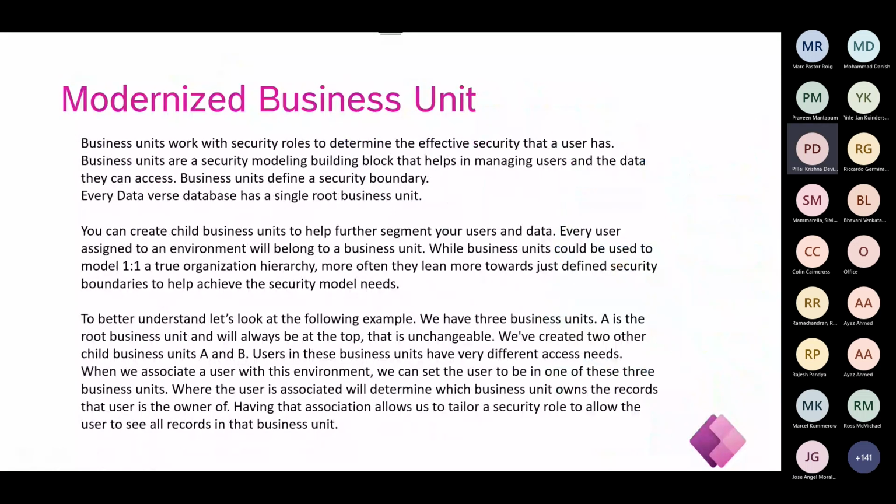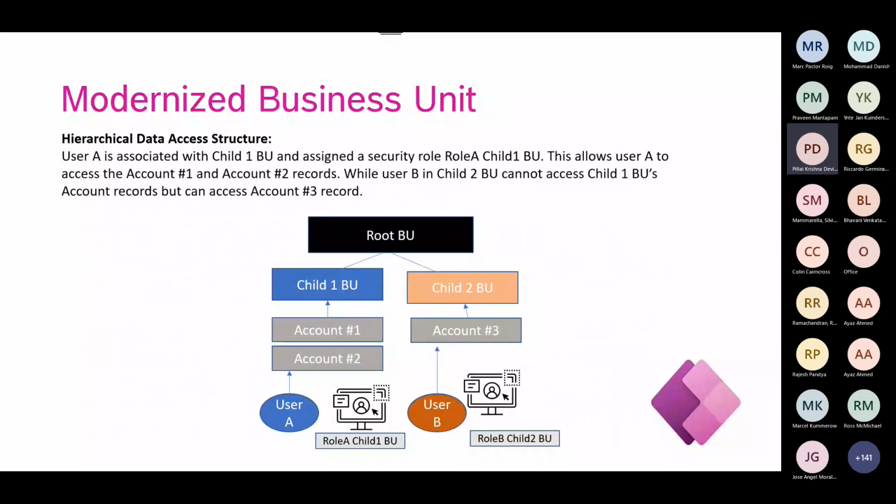So now moving on from security role at the data level. So now I have building blocks within our organization, which are the business units. So we all know the traditional way the business unit works. So here there would be a root level business unit for each Dataverse instance, followed by that we could create n number of child business units which adopt the root business unit based on the functionalities.